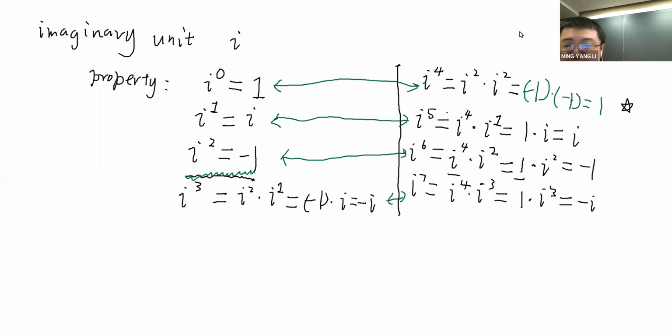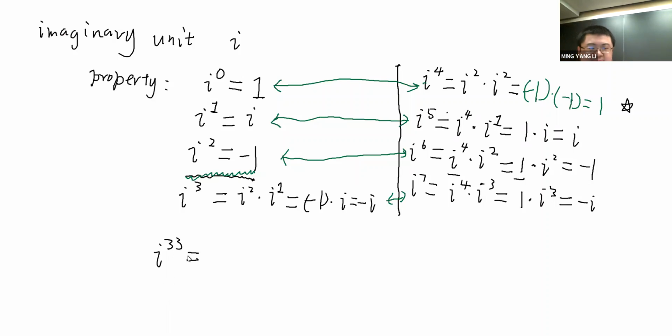And we can keep using this trick, because I to the power of 4 equals 1 is such a special fact. So we can use it to calculate arbitrarily large exponents. For example, we can calculate I to the power of 33. If we consider I to the power of 33, what we need is to factor out I to the power of 4 as many times as we can, because I to the power of 4 equals 1, so it's nothing in the multiplication.